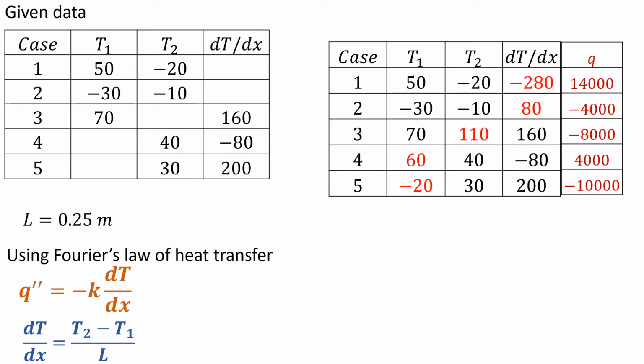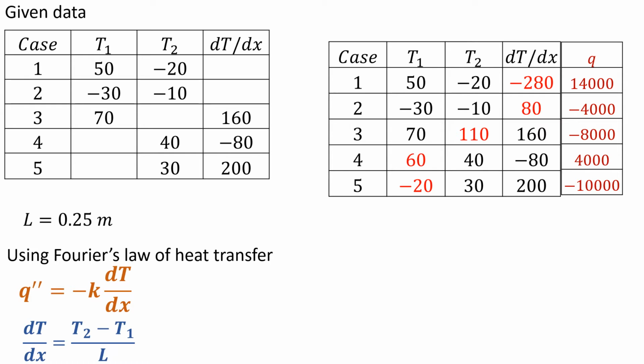For the first case, heat flux is 14,000 watt per meter squared. For the second case, minus 4,000 watt per meter squared. For the third case, minus 8,000 watt per meter squared, for the fourth case it is 4,000 watt per meter squared, and for the fifth case it is minus 10,000 watt per meter squared.